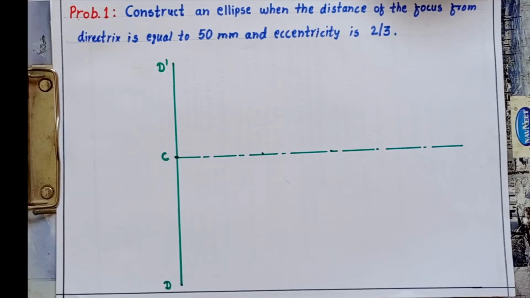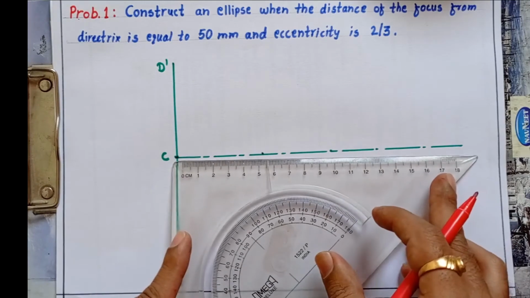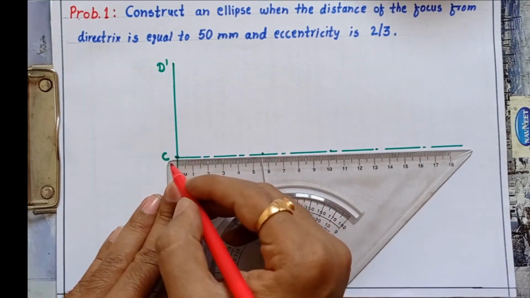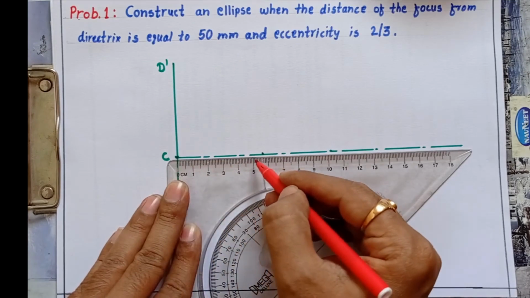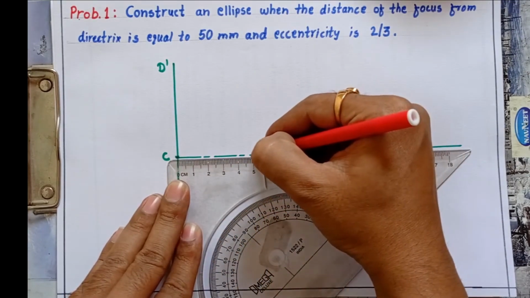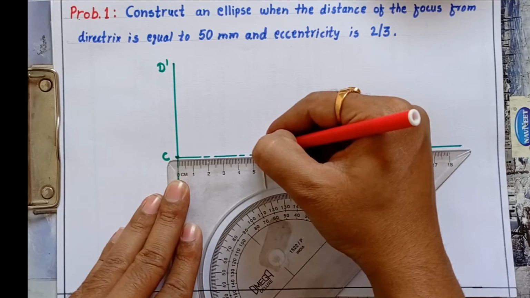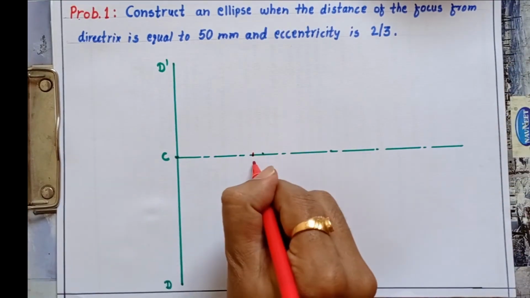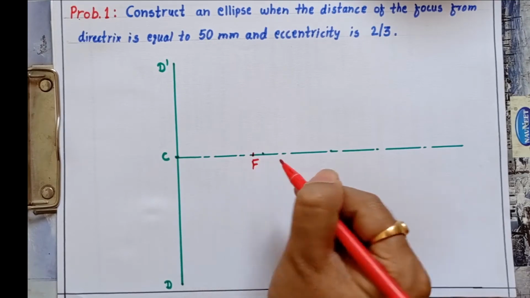Now the next task is to mark the distance of the focus point. In the given statement, the distance of the focus from the directrix is given as 50 mm. So we put the scale over here from the directrix. It means from the point C, we measure the distance of 50 mm, and at this location we mark one point and name it F. F stands for the focus point.